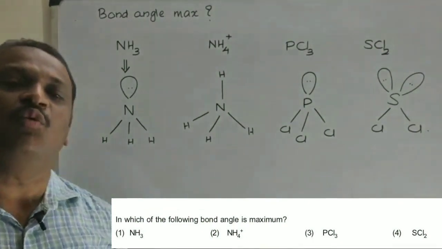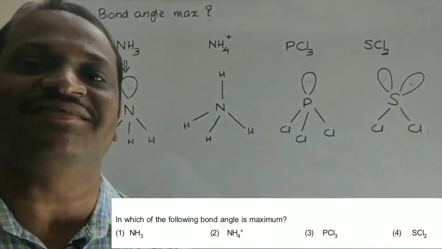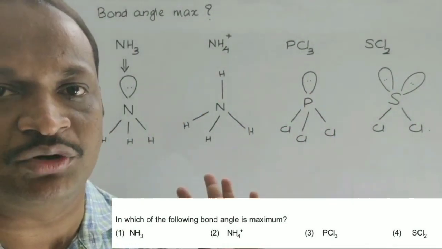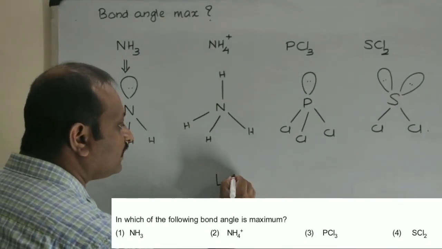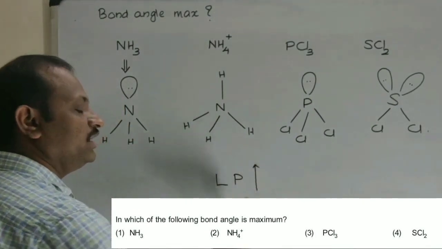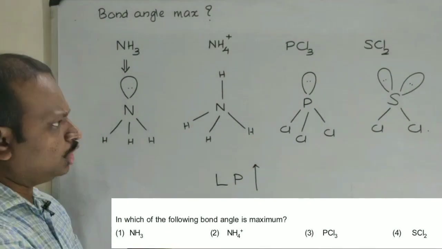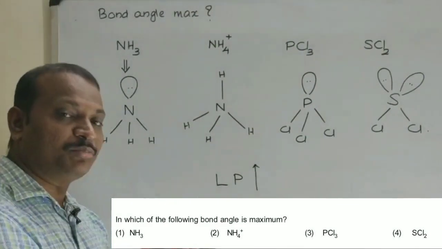See, the one point you need to get from here is that as the number of lone pairs increases, the bond angle decreases. That's the point you need to take, nothing else. All these species have the same hybridization, but only one thing differs: the lone pair increases.